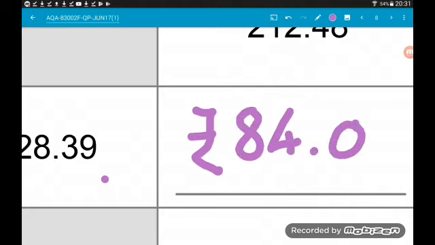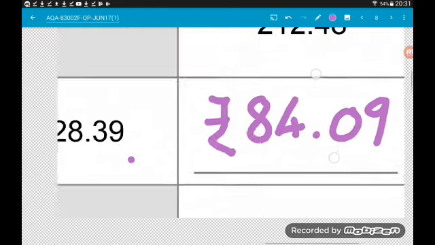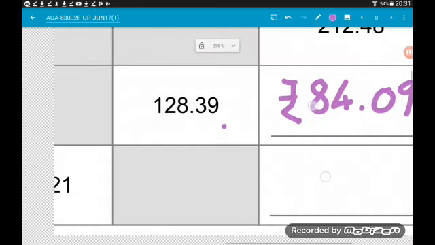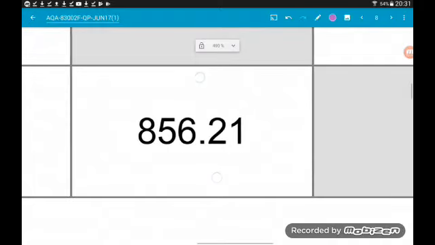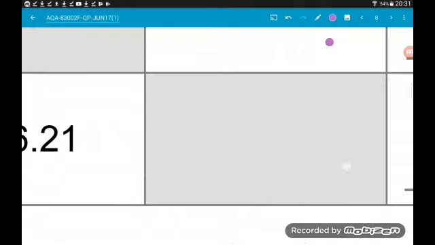and 9p. And then for the second empty slot, this is our salary, £856.21. So we then add that on to our balance.